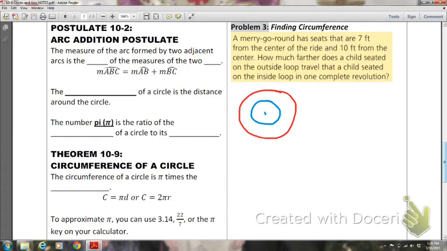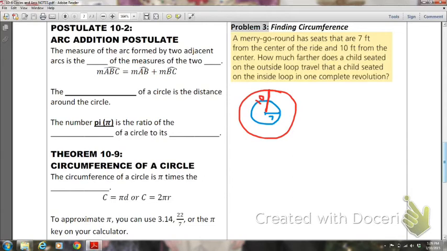So one set of seats has a radius of 7. It's 7 away from the center. And the other set of seats is 10 feet away from the center.